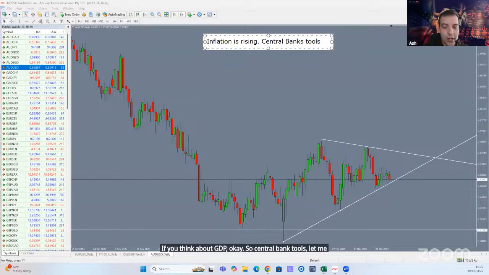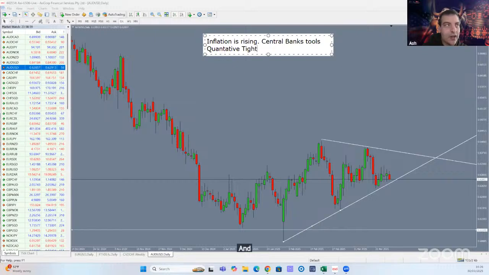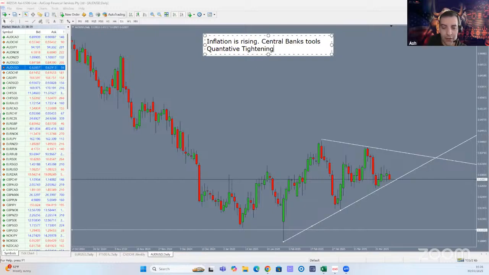Central bank tools is quantitative tightening. What they do with quantitative tightening is buy assets from the US government, so they take those assets off the table.